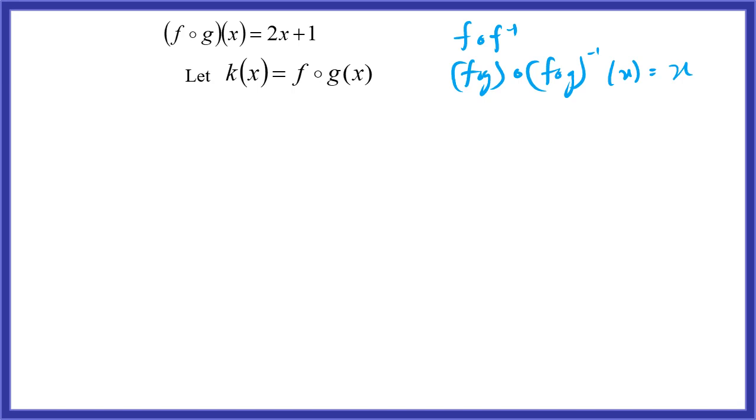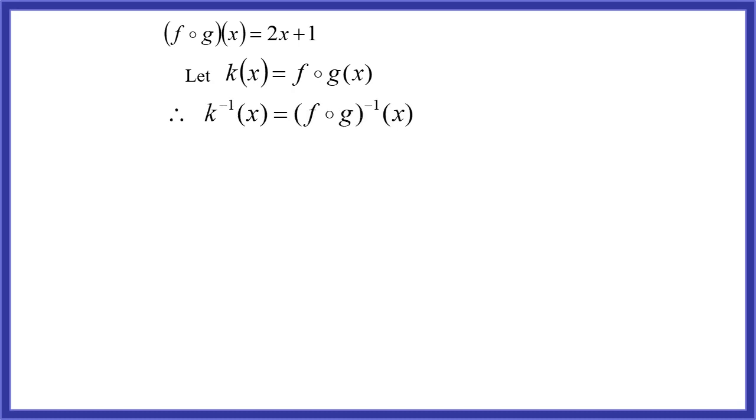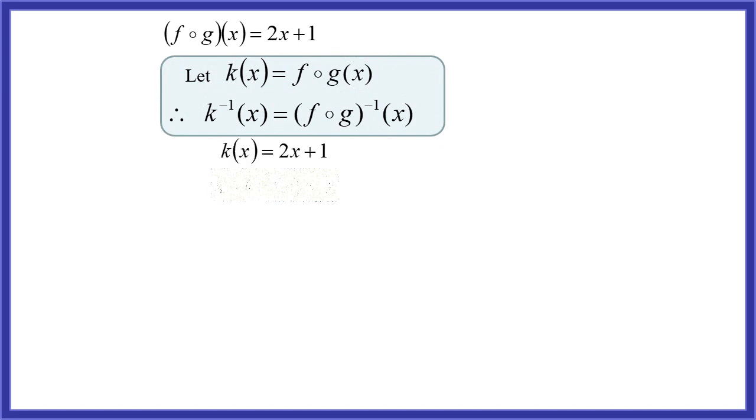So we use a representation of F of Gx. How? By letting Kx equal to F of Gx. If we know Kx, K inverse of x is equal to F of G inverse of x. So directly, Kx equals 2x plus 1. K composite K inverse of x is equal to x. This is the property we will use to find the inverse.